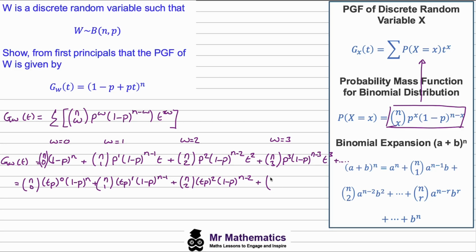And then finally, n choose 3 of tp cubed times 1 minus p to the n minus 3.